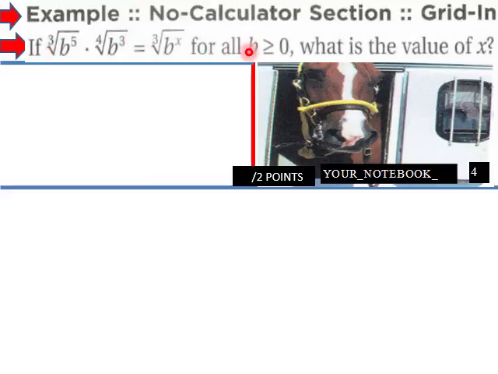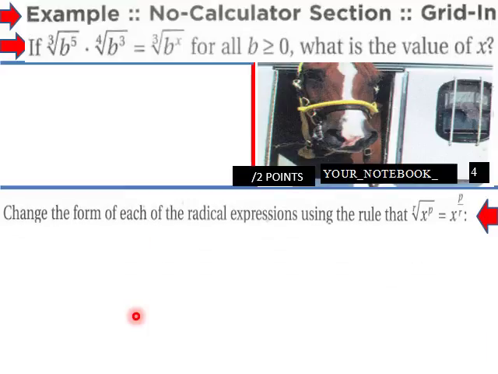We have this situation here for all b greater than or equal to 0. What is the value of x in this situation? Change the form of each of the radicals using this rule here, p over x to the r.